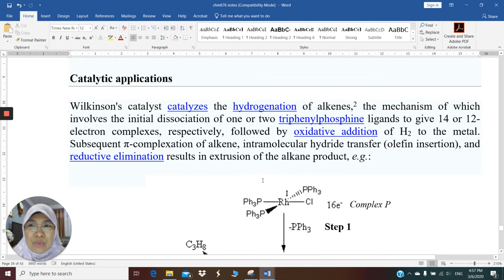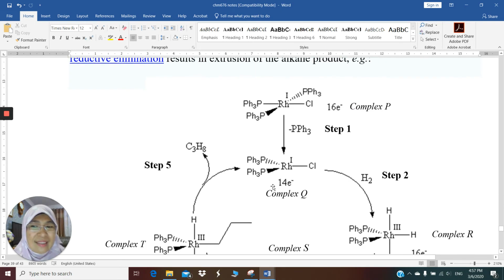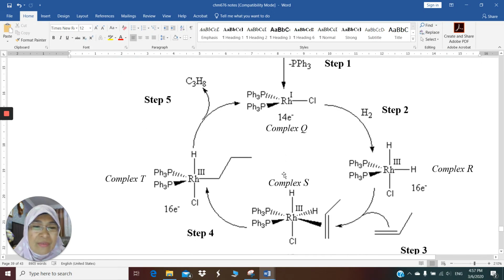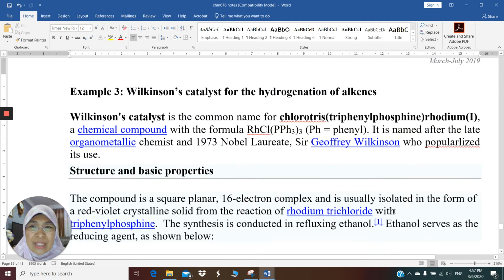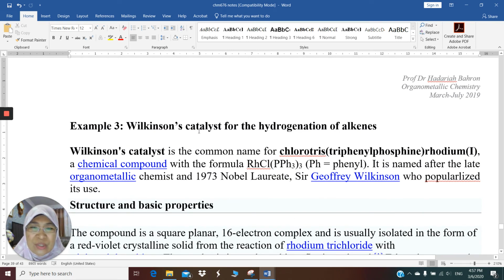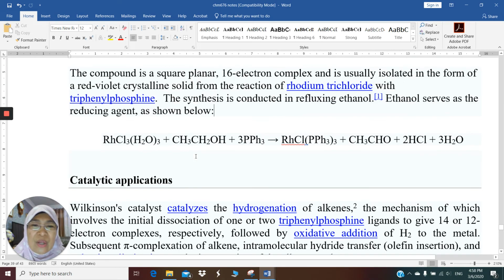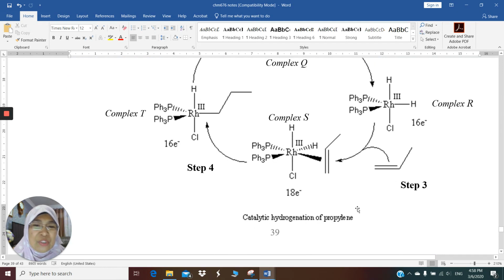So that is the beauty of the Wilkinson's catalyst, where hydrogenation can occur in a very, very easy way. So you have catalysis happening in that way. So that is example 3, which is Wilkinson's catalyst for hydrogenation of alkene. So if you put an alkene with Wilkinson's catalyst, what you are going to get is hydrogenation.